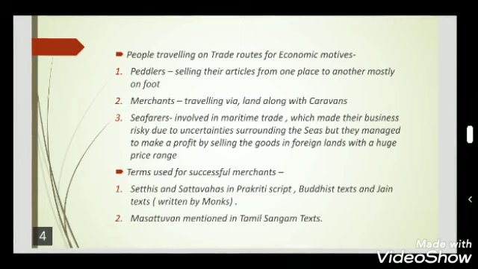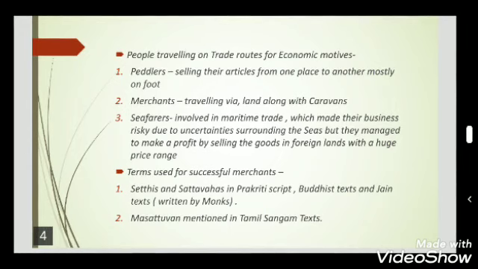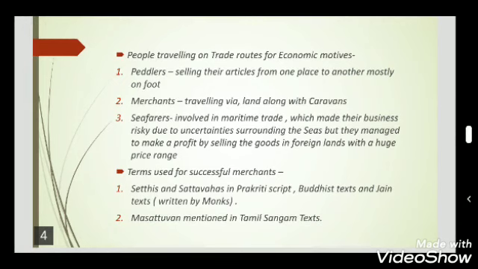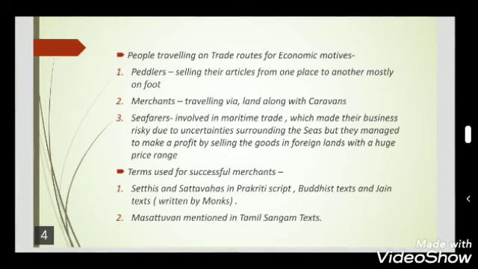Since these ships involve a risky proposition, they always kept the margin, that is, the cost and the profit that they attained, generally very high. That means if they are carrying goods from here where the price is low, wherever they are going, they will be selling it at a much higher price so that the risk factor is taken into account. So these seafarers, if they survived, and they usually did, because they were very well versed with these monsoon winds, which wind was blowing in which direction.